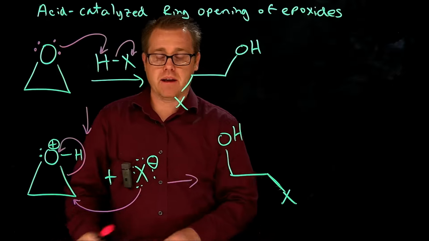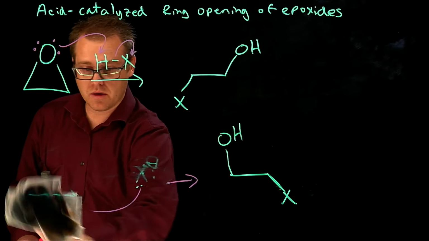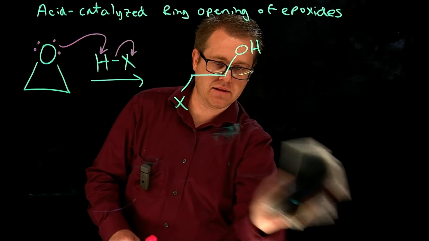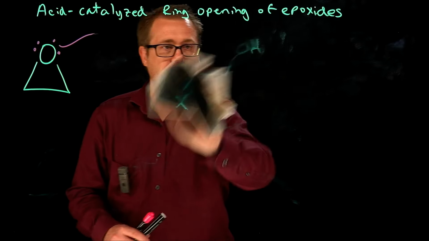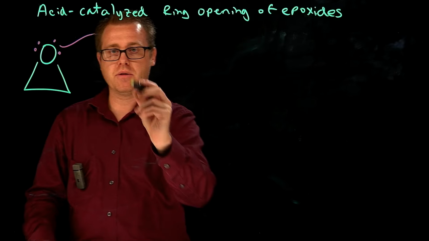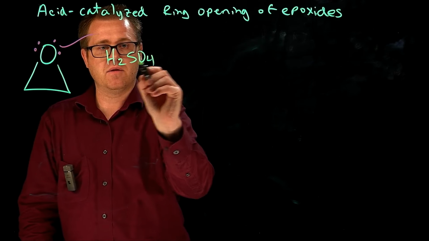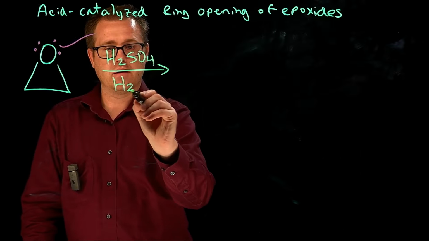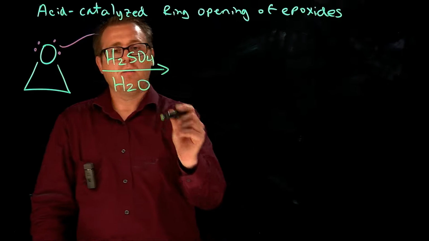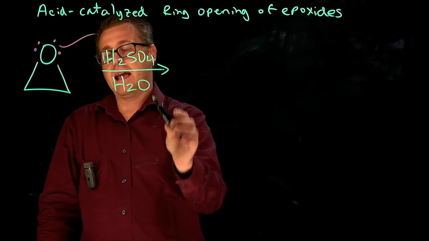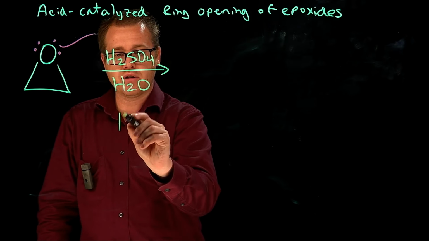Now we can also do this with water with a little bit of acid. So let's say we treat it with sulfuric acid, H2SO4, and water. What's the major product going to be? Well, whenever you have sulfuric acid and water, that basically means that you have hydronium.